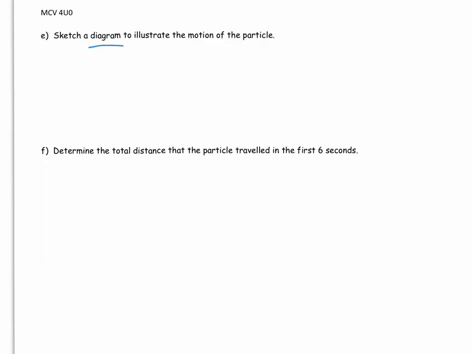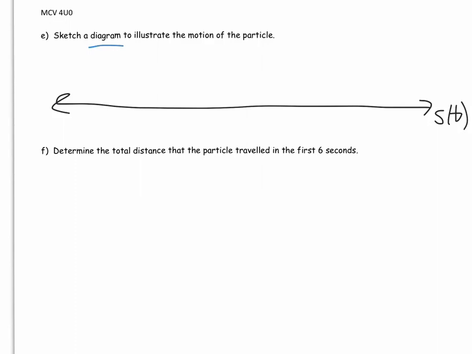Okay, first things first, we're going to set up a little position diagram, or axes. That's our S at t. We know originally it started at 0 and just needs to be labeled. We went a little bit above 50, and we're going to illustrate the horizontal motion of this particle.